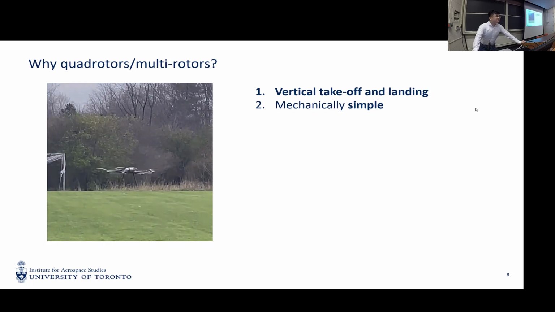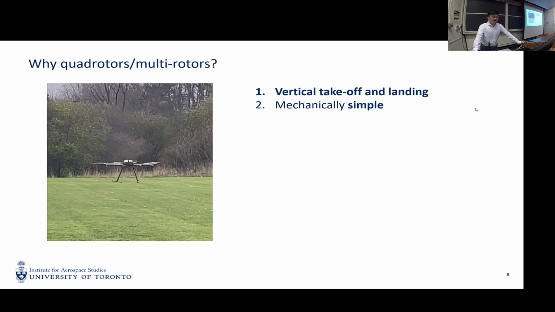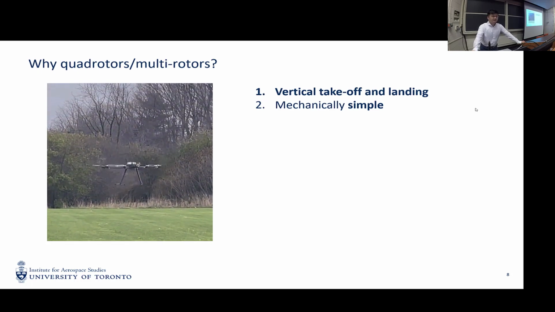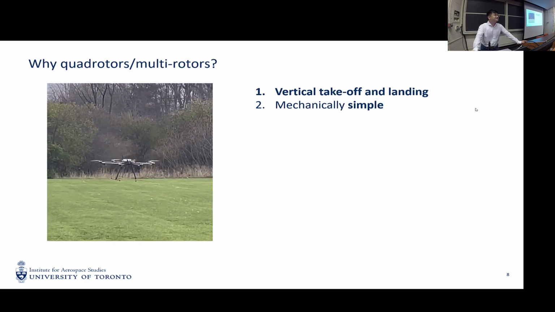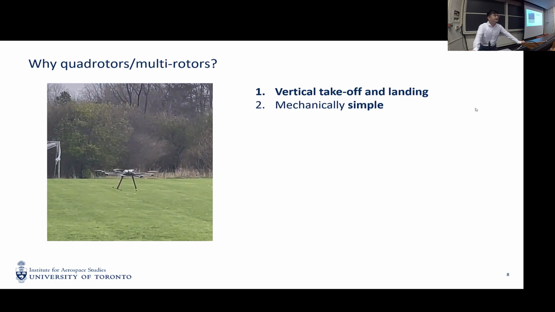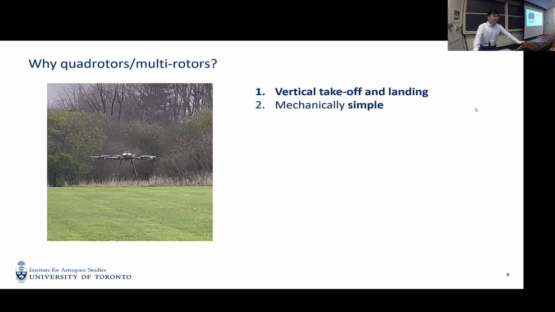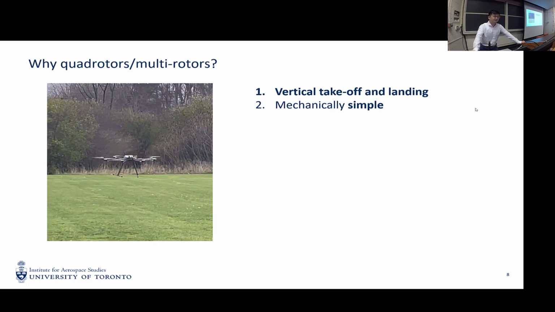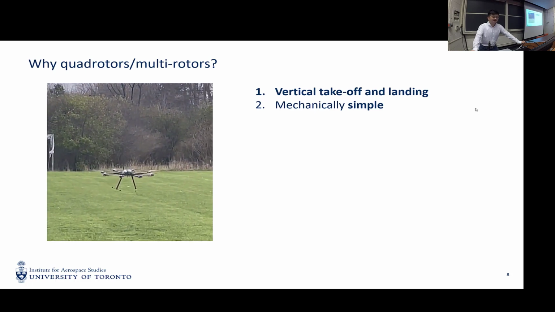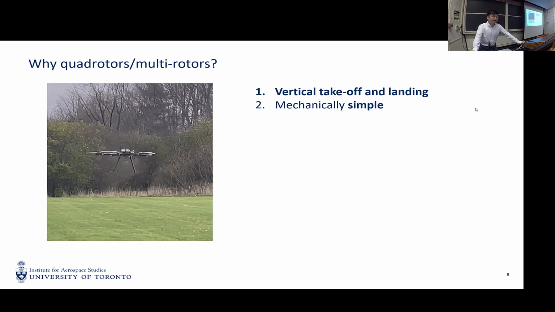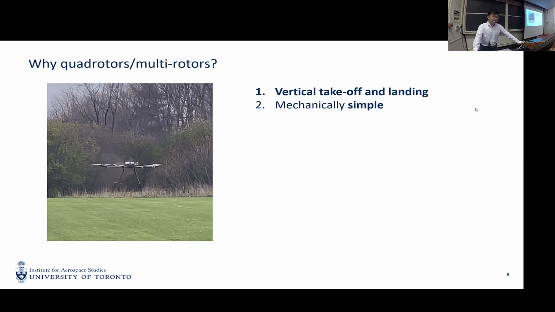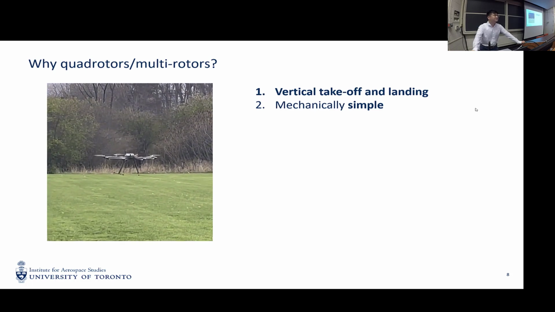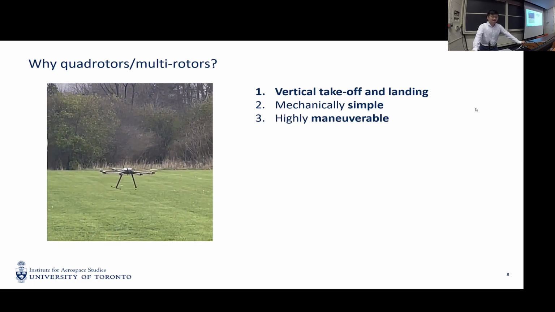In addition to the vertical takeoff and landing capability, it is also very mechanically simple. There is no very complicated aerodynamics. All you need is just a flight control unit with some motors and propellers. By implementing a digital controller, you can facilitate all kinds of flights and tasks.